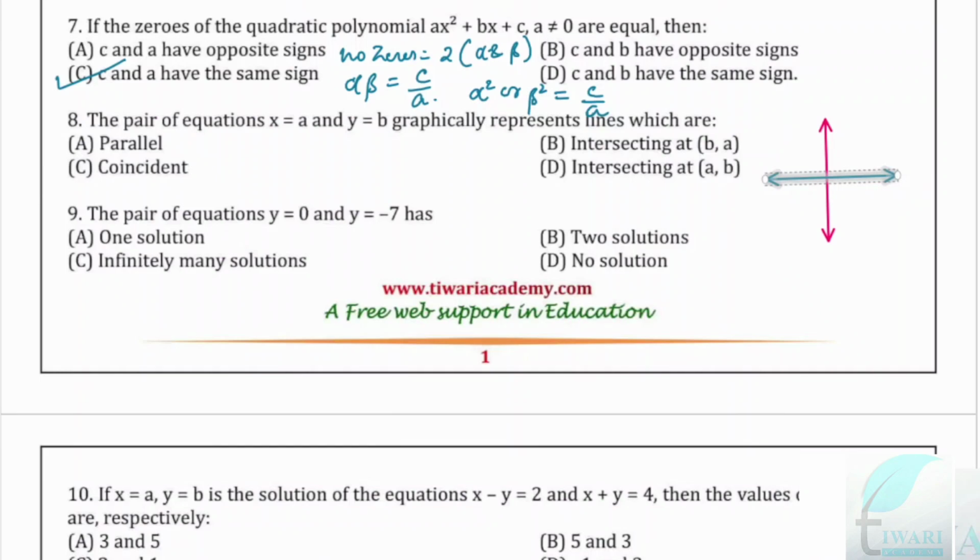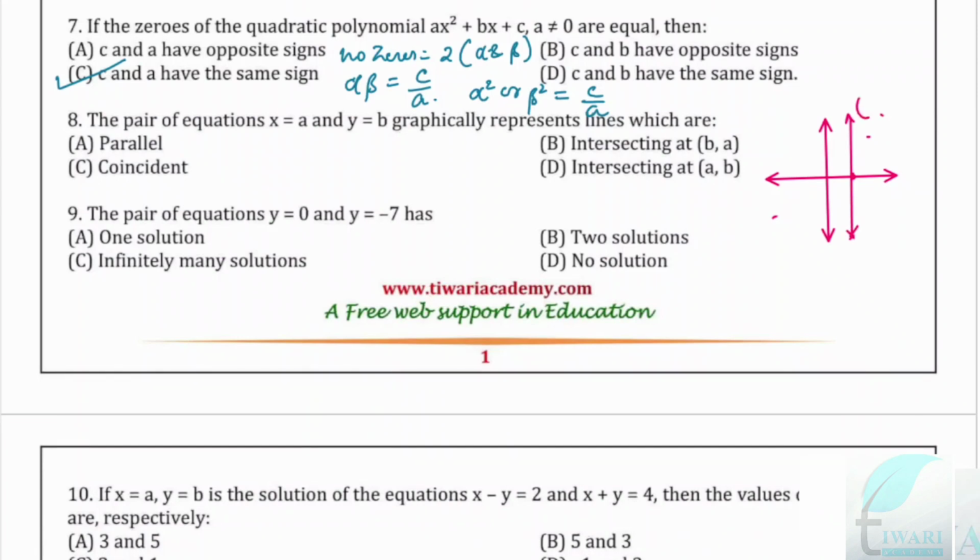Here x equals a means x is having some value a. This is point a. That means this line will be parallel to the y axis.